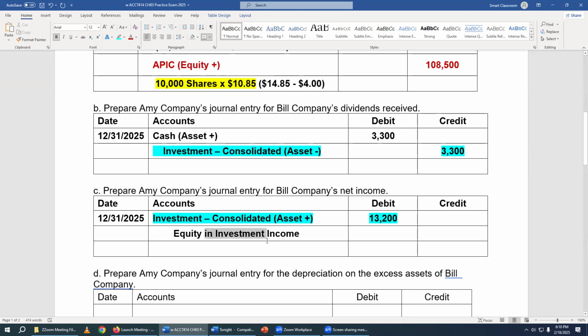If you just call it investment income, that's fine. I think that's what we called it before. Okay, so this would be going up by 13,200.